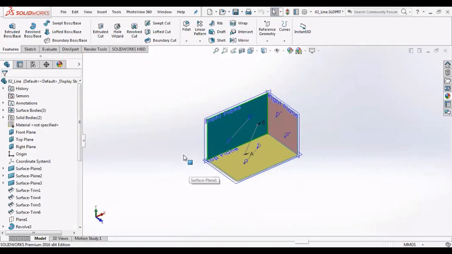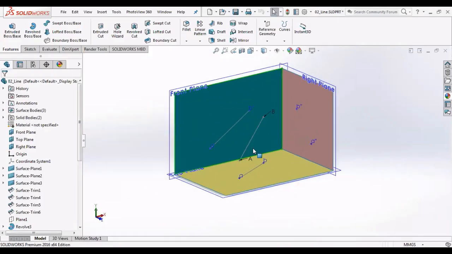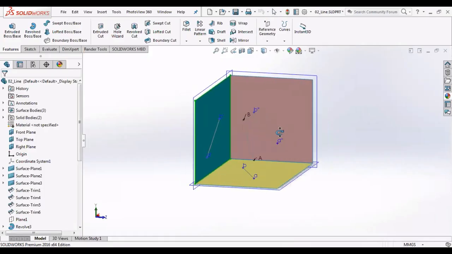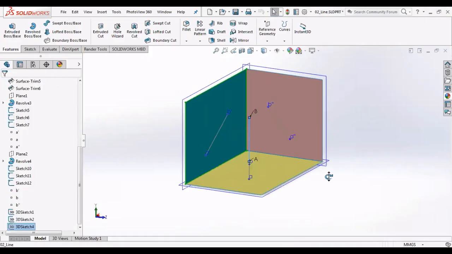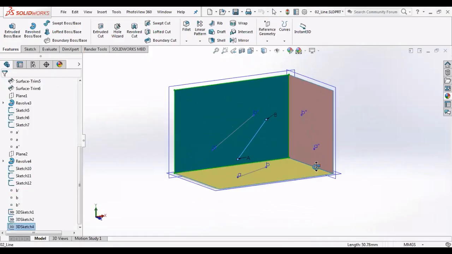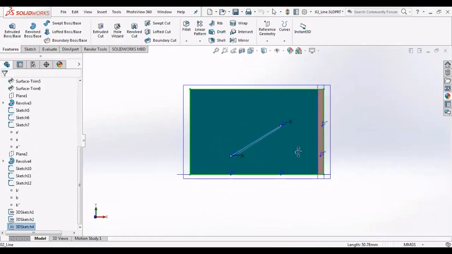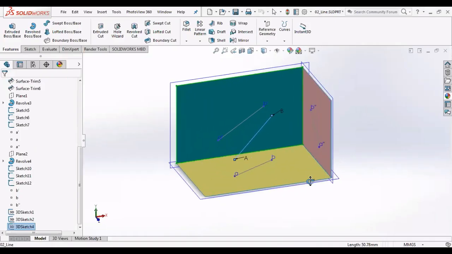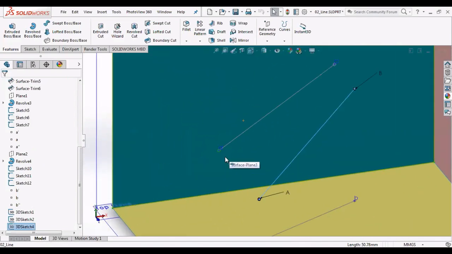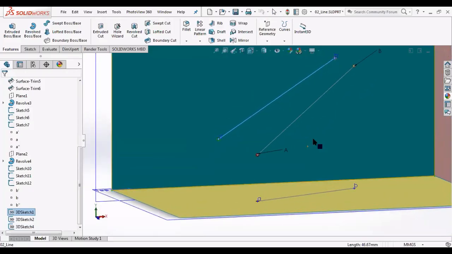So you see point A and point B are given, and the line is given. The blue line is given in the space. If you project it to the blue side, we will get the A dash and B dash line.